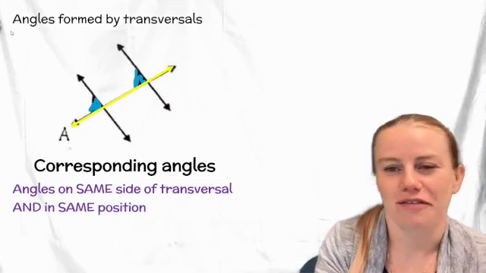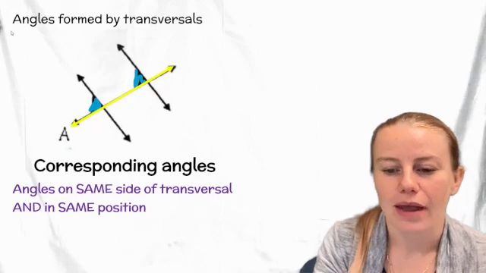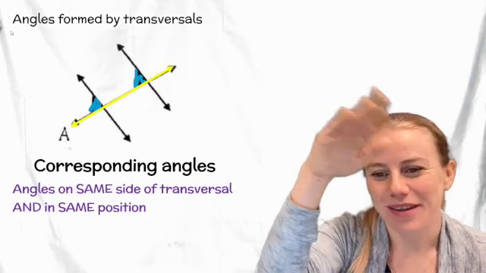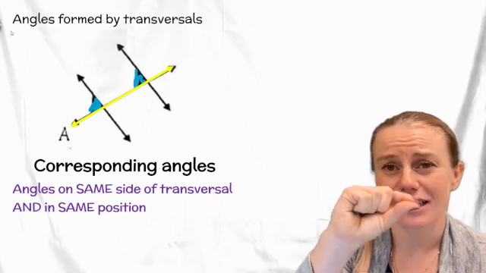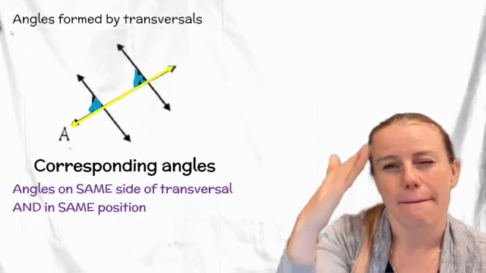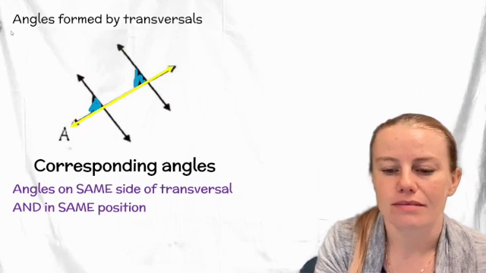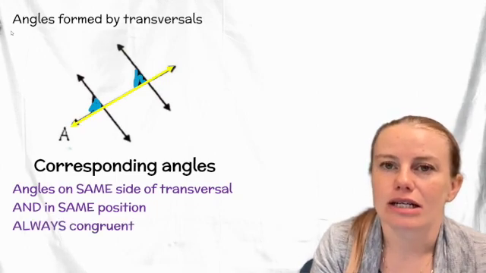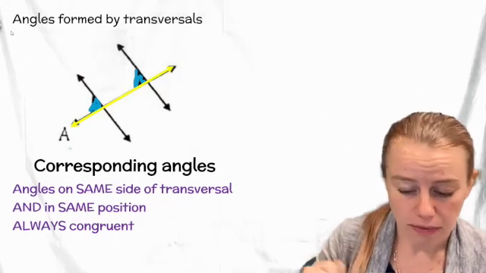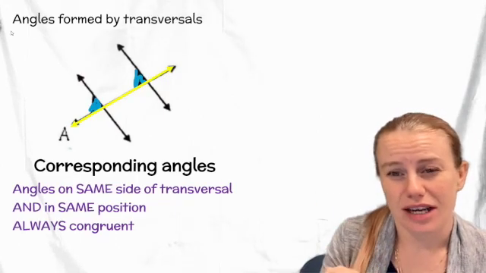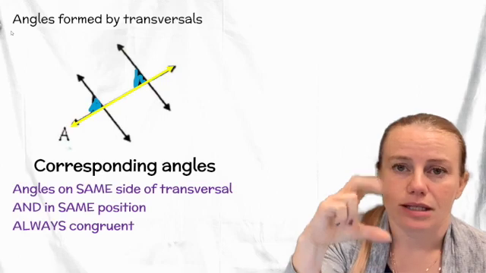Anyways, so the yellow line is our transversal. You see that they're on the same side and that they're in the same position based on that other line. And these guys are going to be always congruent, okay? Always congruent. So you probably should write down all of these attributes in that box in your notes.